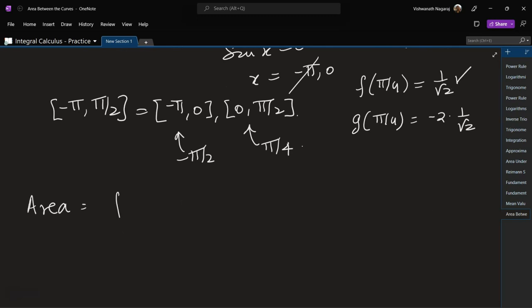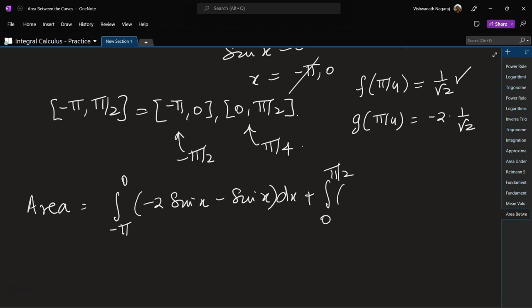So area is equal to the integral from minus pi to 0 of minus 2 sine x minus sine x dx, plus the integral from 0 to pi by 2 of sine x minus 2 sine x.